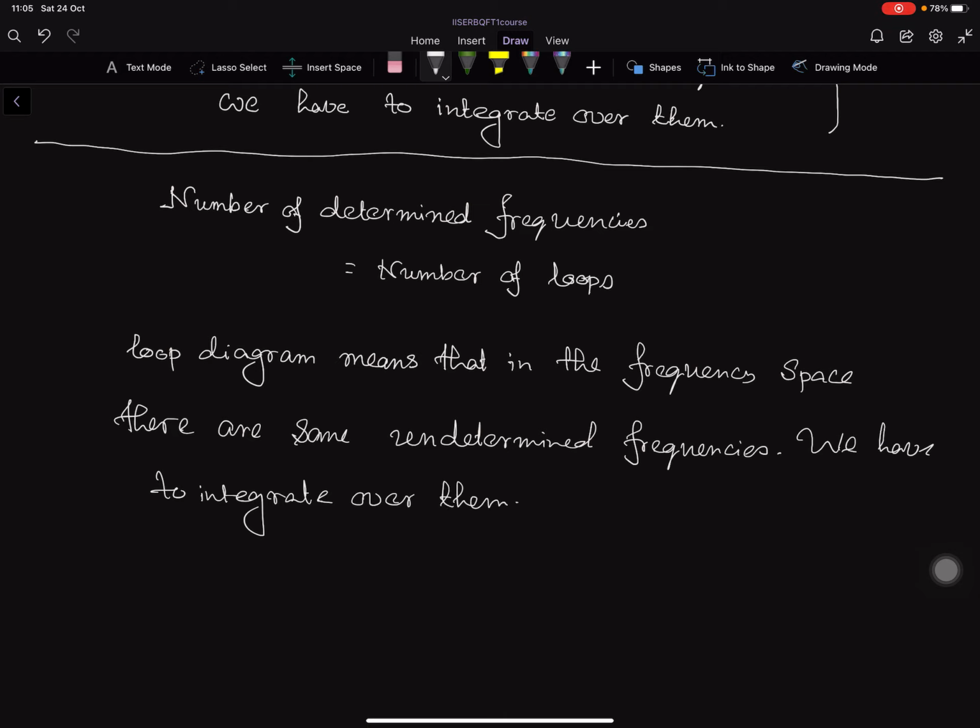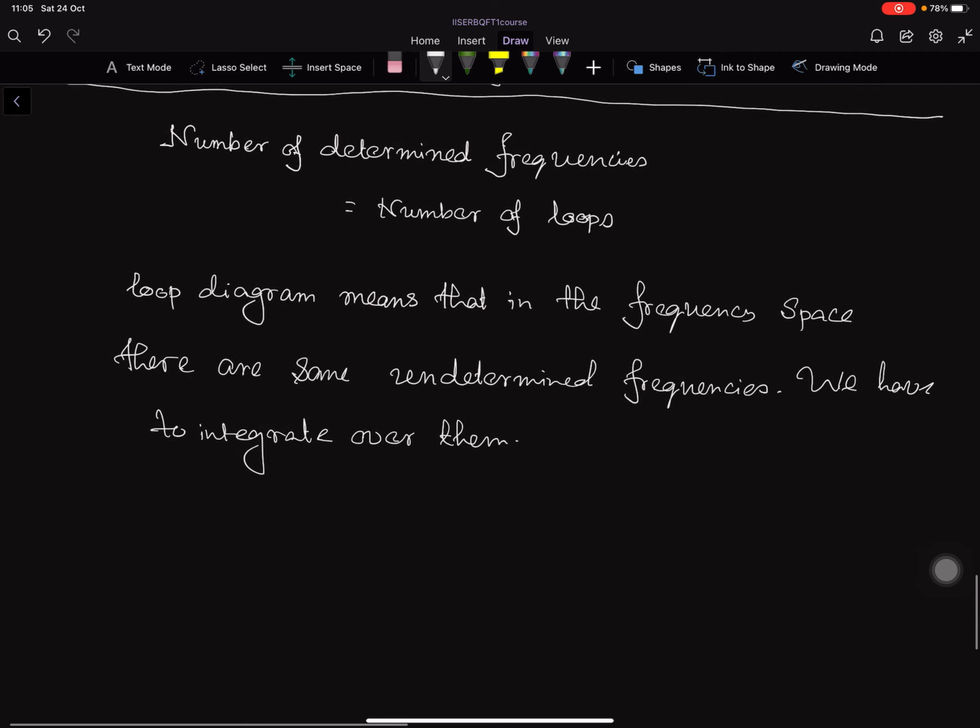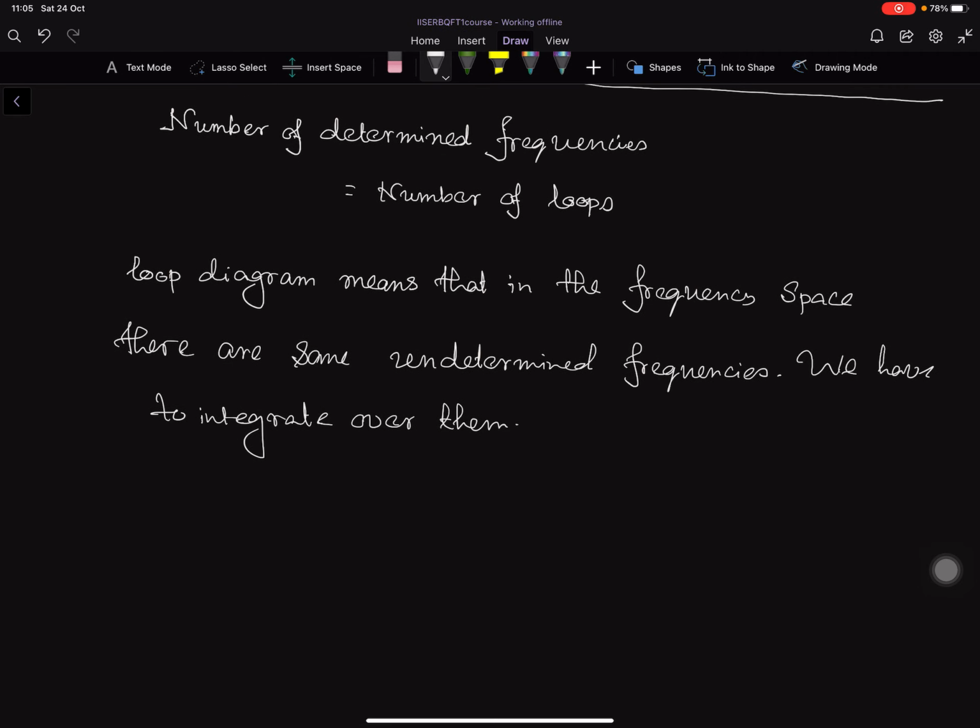Later, when you do perturbation theory, you will see most such applications of loop diagrams, but nevertheless loop diagrams also exist in free theories, and this is what loop diagrams mean.